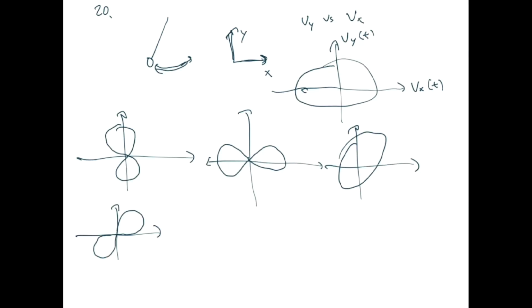One fast way of doing this is to notice that over the course of an oscillation, initially it's at rest, so it'll start at the origin. So first of all, the graph has to pass through the origin. We can eliminate this choice and this choice. Then it'll go to some point where at the bottom, it's moving in the x direction and its y velocity is 0.